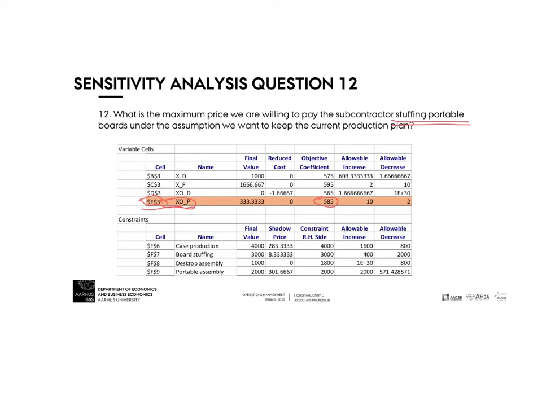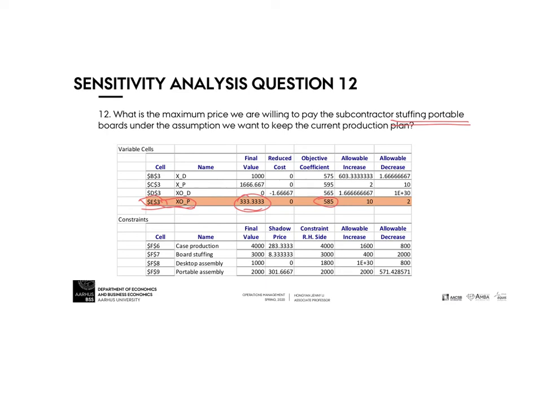This question is a little bit tricky because they are asking about the maximum price you can pay to the subcontractor. You still have the current production plan, which means you still have a positive optimal purchase quantity from the subcontractor, 333.